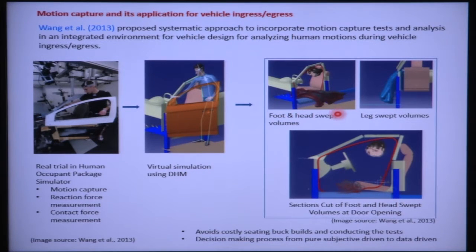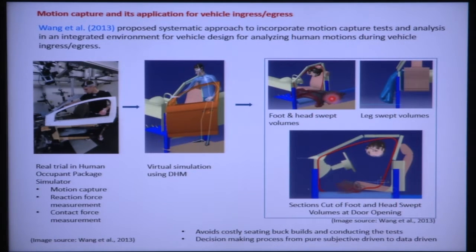Then with that CAD software, this is the foot and head swept volume. While the digital human model is entering the vehicle or coming out, this is the profile for the foot and head sweep. This portion is the head sweep, meaning how the head moves from outside into the vehicle or coming out from the vehicle.